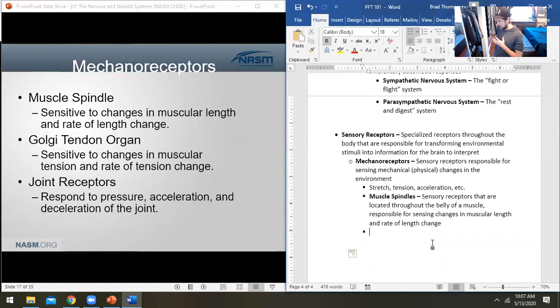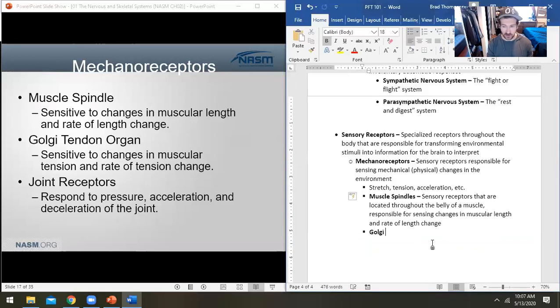If I have rounded shoulders because my pecs are basically shortening, and I'm stuck in this position with horizontal adduction, I need to be able to get that to relax, to let this muscle lengthen out. So luckily we've got another sensory receptor that's responsible for sensing tension.